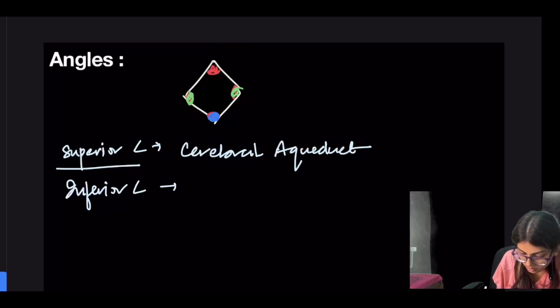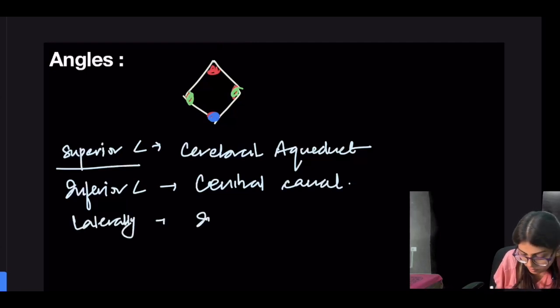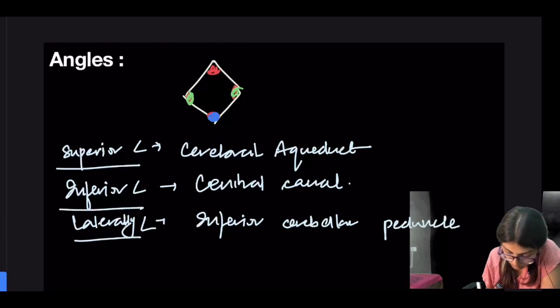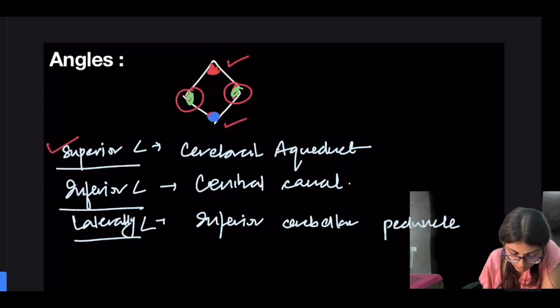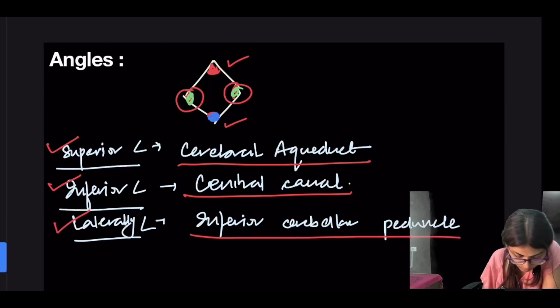The inferior angle communicates with the central canal, and laterally we have the inferior cerebellar peduncle. So we have three angles.